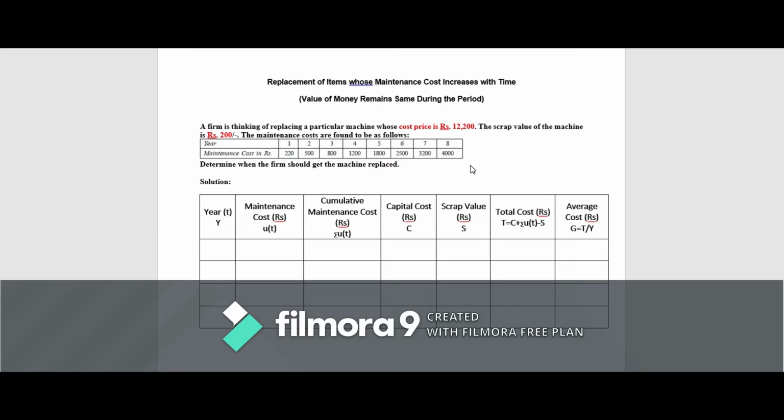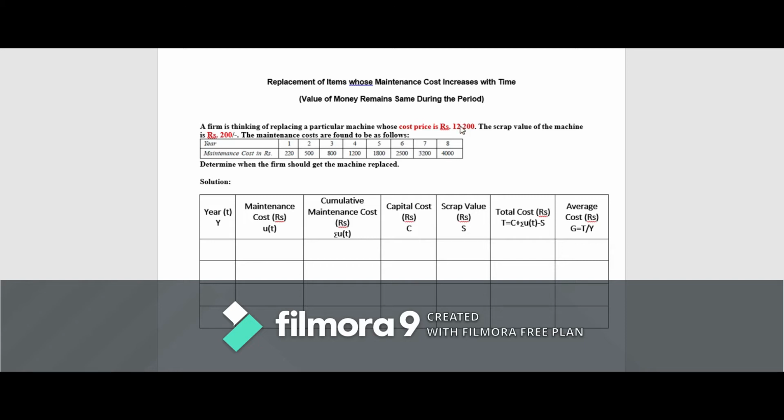So look at the problem statement. The cost price is given. The cost price is sometimes called the purchasing cost. So it is rupees 12,200 and the scrap value is just 200 rupees, and the maintenance cost of every year is given.